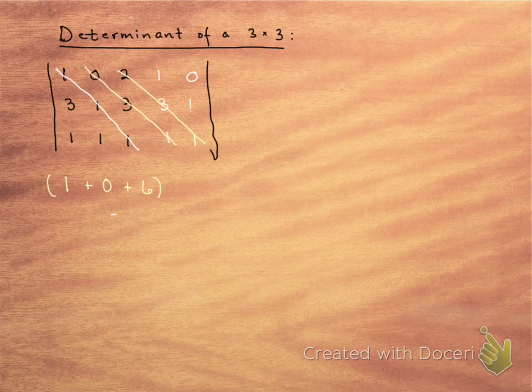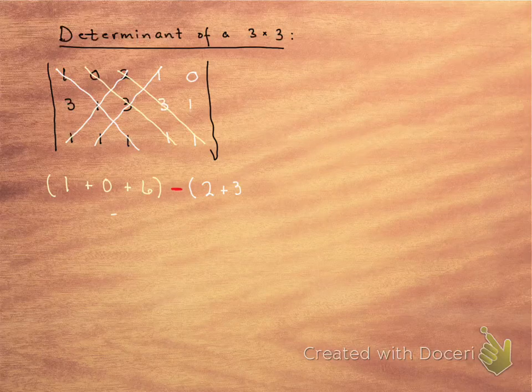And then from that, we are going to subtract the minors. Okay, so going up this way, 1 times 1 times 2 is 2, plus 1 times 3 times 1 is 3, and then, of course, a 0.